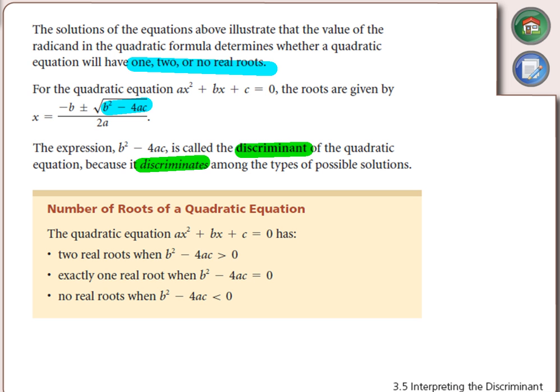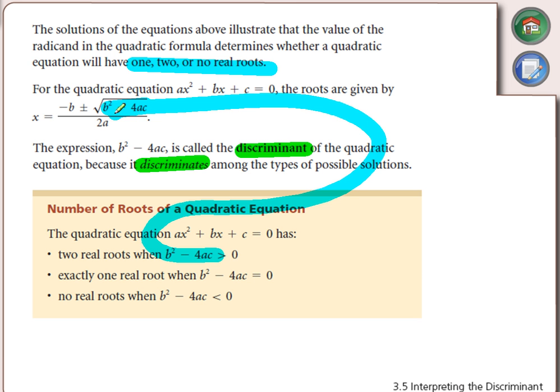So that discriminant that's sitting there underneath the square root sign, we're going to take it in here, and we're going to say, if that's greater than 0, that's going to be a positive. We can take the square root of a positive number, no problem. We're going to get two real roots. If, however, that discriminant is equal to 0, we'd be taking the square root of 0.